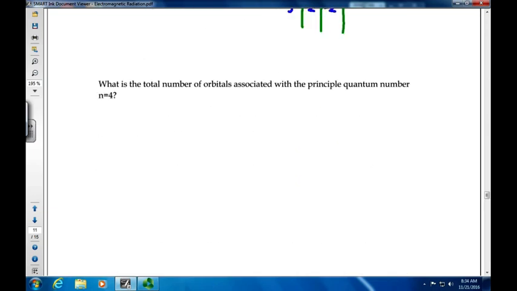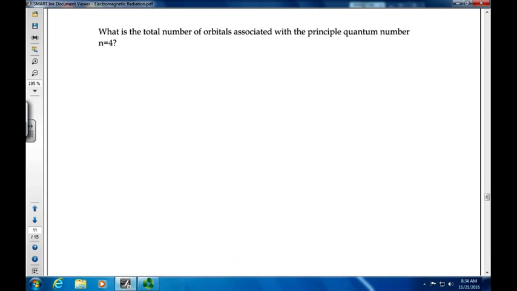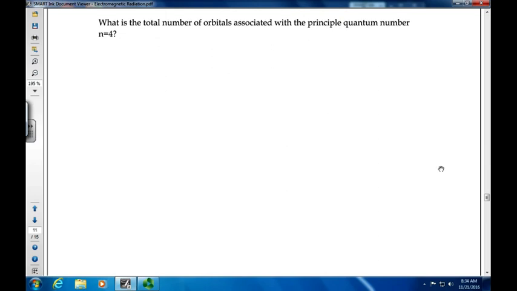Our next question asks us what the total number of orbitals associated with the principal quantum number n equals 4 is. So what can we do? We can make a chart, or we can use the simpler method if we're asked for the total number of orbitals.